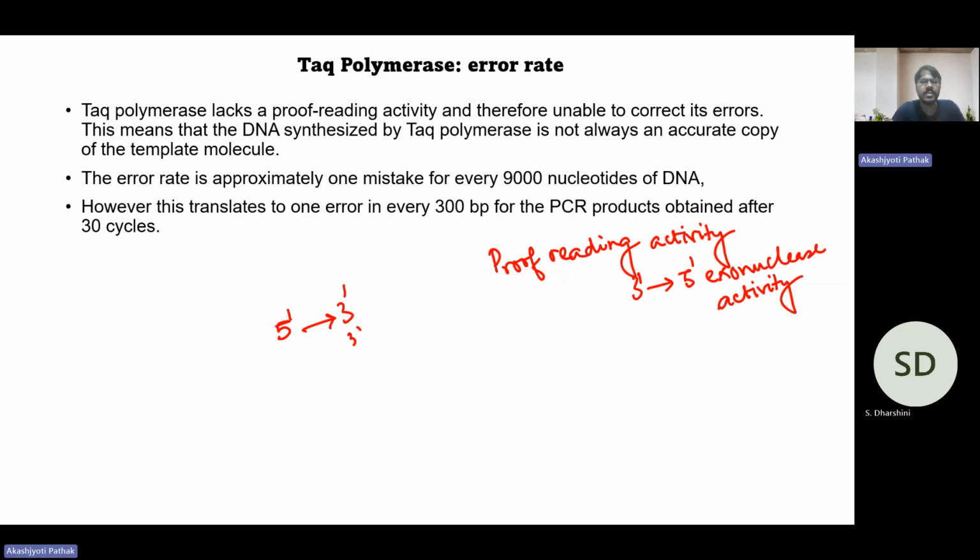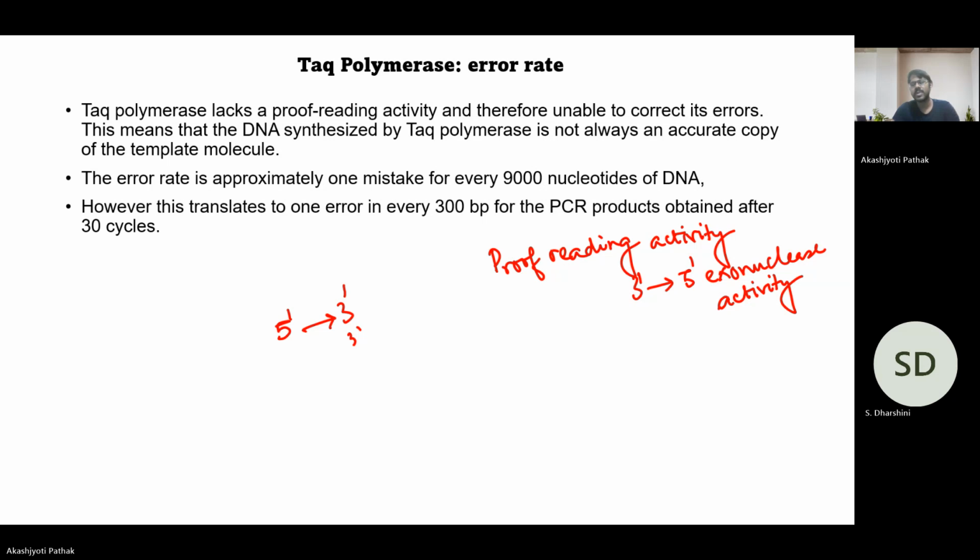If it has made any mistake, then it will use this 3' to 5' exonuclease activity. So what does 3' to 5' exonuclease activity mean? It means that it will degrade the DNA. If it has made any error, then it will degrade or replace that particular nucleotide with the correct nucleotide. So using the exonuclease activity, it will destroy that particular nucleotide and add a new, correct nucleotide.